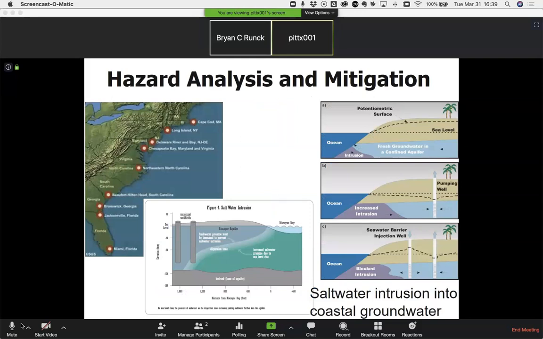There are possibilities for mitigating this in the context of injection wells. We see in the lower diagram on the right a seawater barrier injection well.